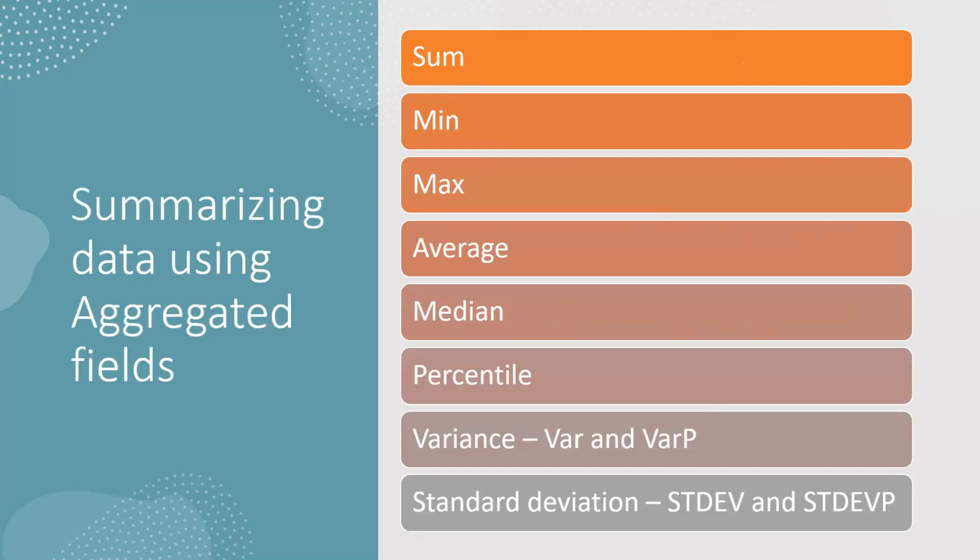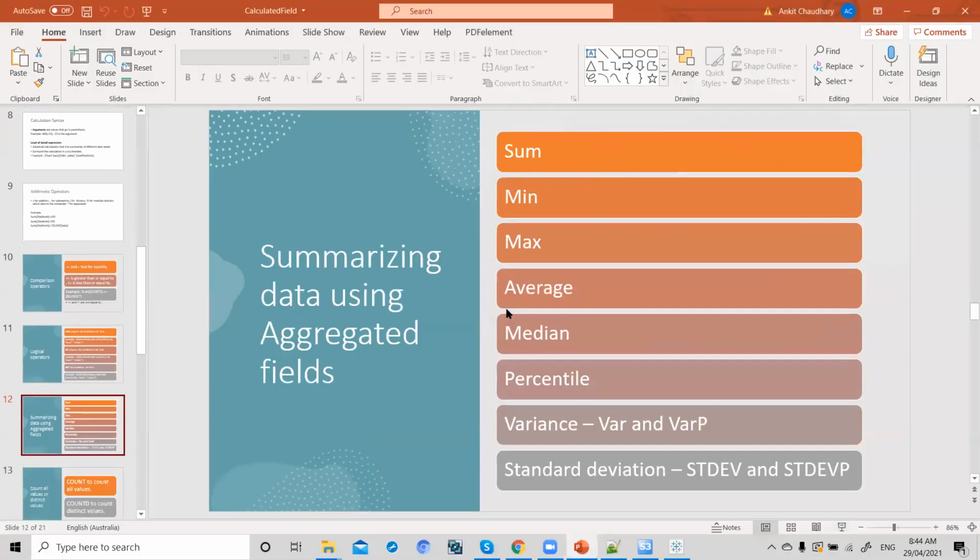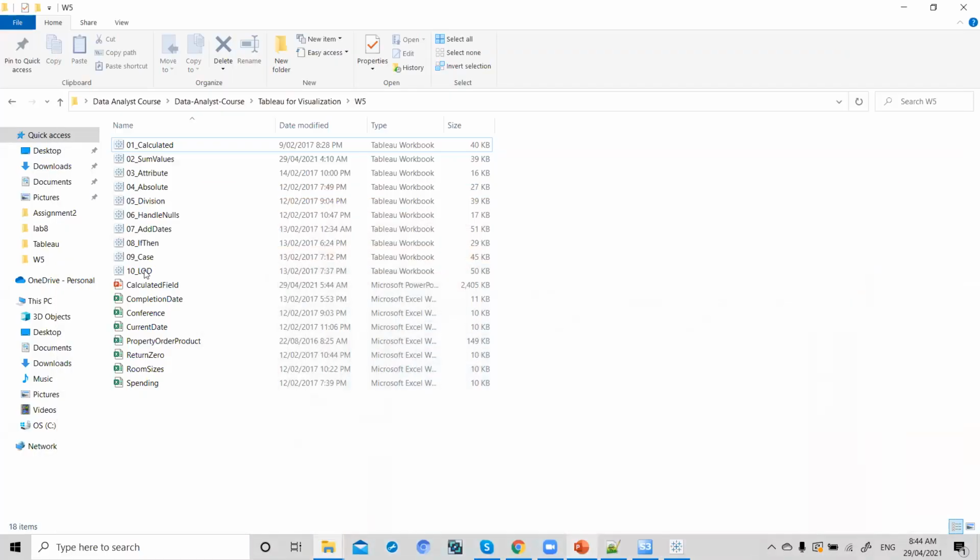Likewise, we have aggregates. In Tableau, we can use aggregated fields like sum, mean, max, average, median, percentile, variance, even standard deviation. We can calculate all these fields in Tableau. So let's do an example here.